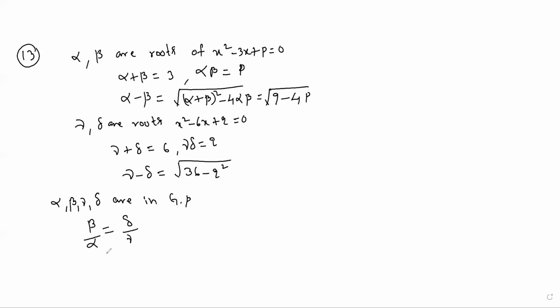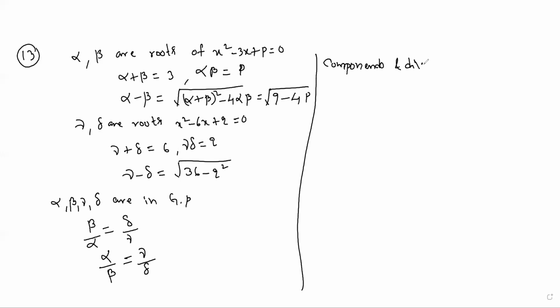Now if you reverse this, we get alpha by beta equal to gamma by delta. Now I am applying the componendo and dividendo rule.